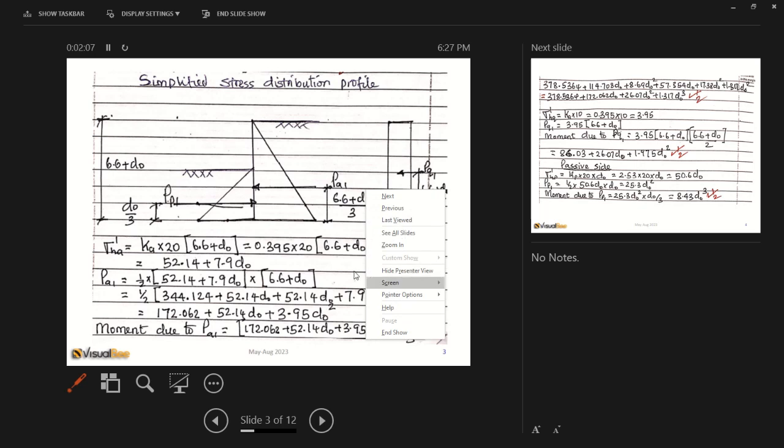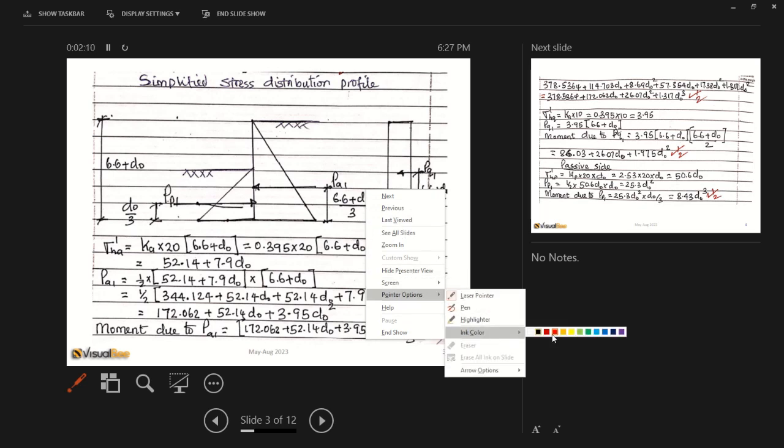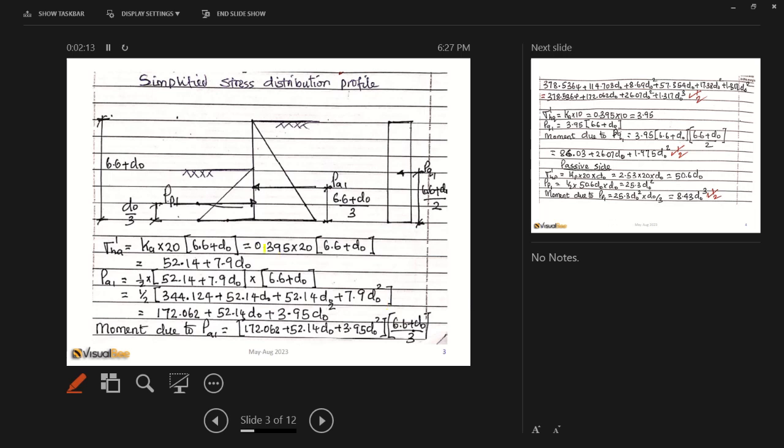This is how to calculate that length there. Then the area we know, so you can simplify, and the area to get the PA1 is simply the area of the stress distribution diagram, which is a half times base times height.